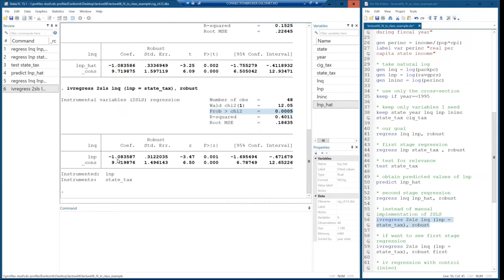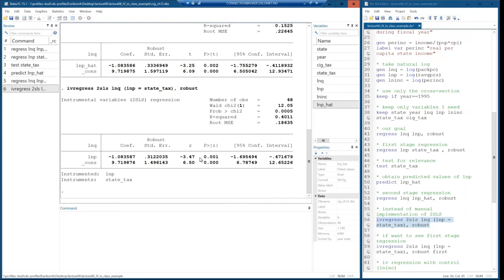And we see here that the coefficient on price is the same as in our manual second stage regression, but the standard errors are a bit different. In this case, they are lower, but often they are higher.